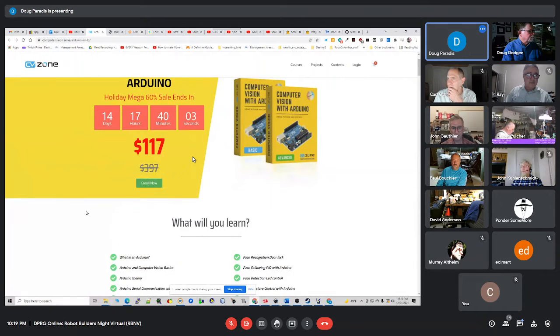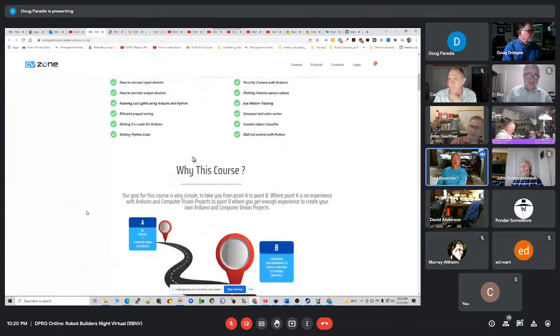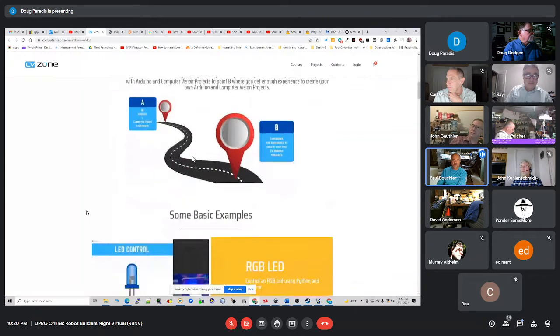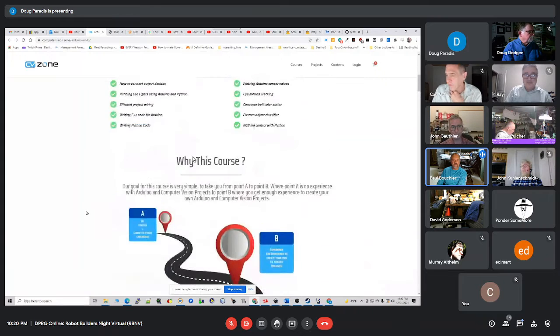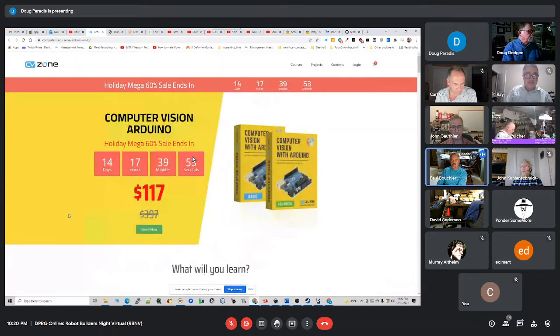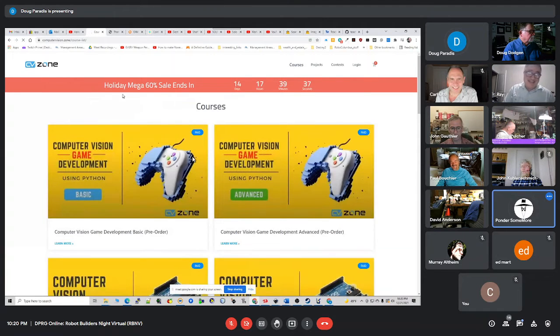Doug showed some pages at the beginning of his talk about doing something with Arduinos. He's basically using OpenCV to drive. Let's go to the courses here. You can do it with an OpenMV H7 attached to the Arduino.